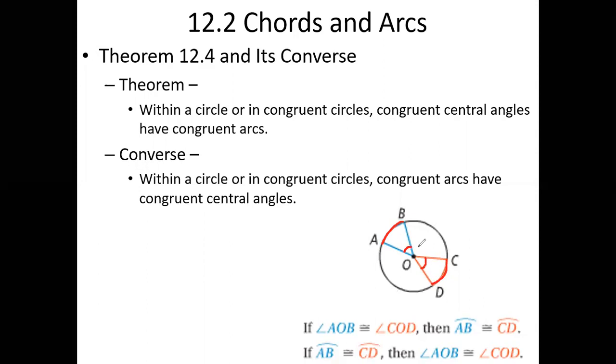And the converse is, if arc AB is congruent to arc CD, then its corresponding central angle AOB will be congruent to angle COD.